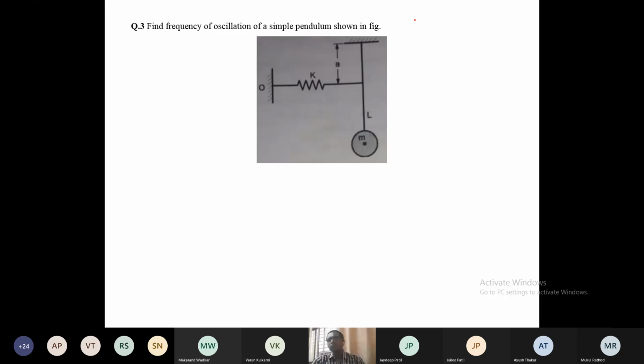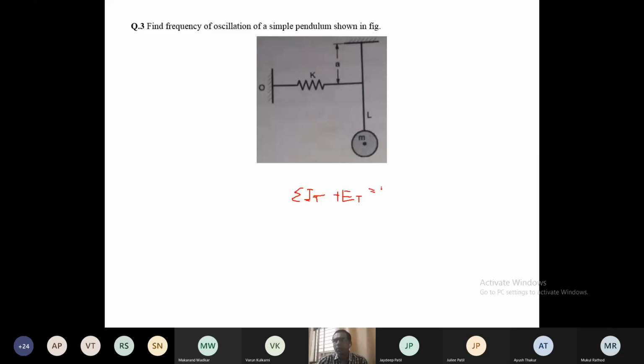In this equilibrium method, you have to write down the inertia force or inertia torque, you can say, because there is an angular motion. Inertia torque plus external torque is equal to 0.